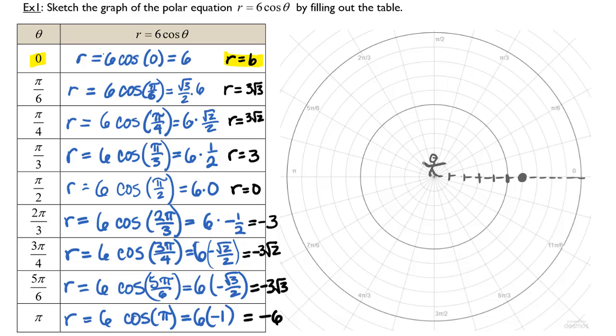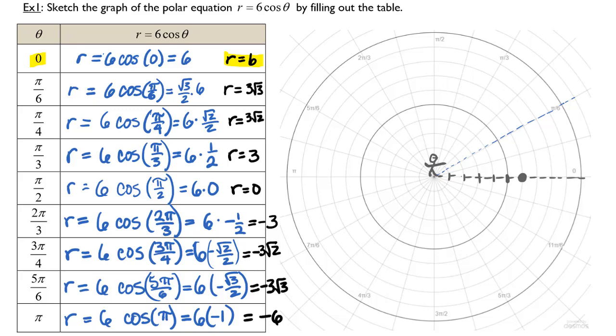I'm starting back at the origin, and I'm going to rotate pi over 6. Now I'm looking out this direction in the first quadrant, so to speak, and I need to walk out 3 root 3.